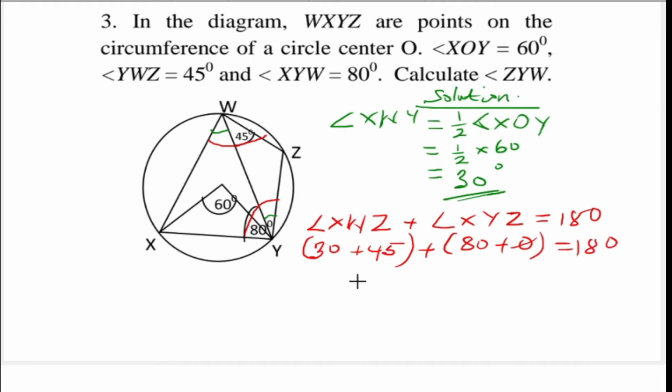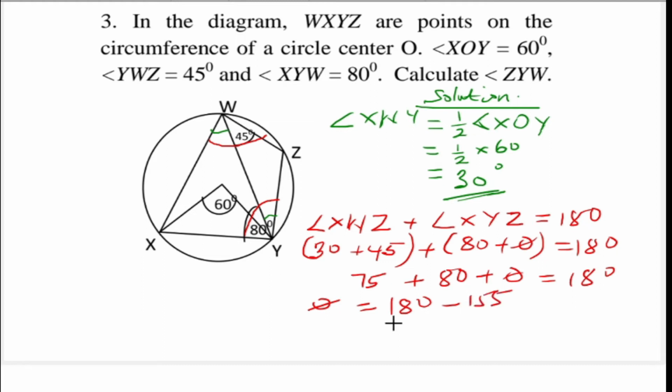So this is 75 plus 80 plus theta equals 180. Our theta is going to be 180 minus 155, and that will give us 25 degrees.